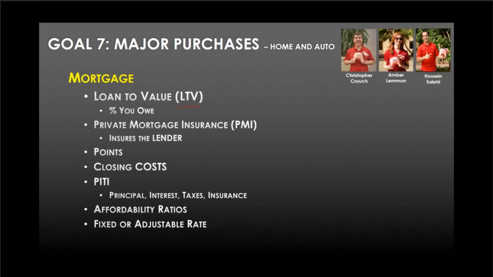So fixed or adjustable rate mortgages. We talk a lot about fixed rate, right? Anyone familiar with adjustable rate? Sometimes you'll hear people talk about ARMs, so adjustable rate mortgage, ARM. And this will be where you say, it'll be 3% now for the first 5 years, and then it'll be variable after that.